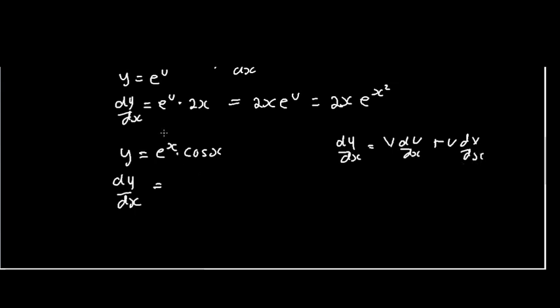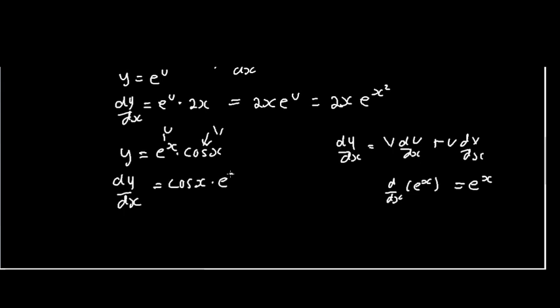Taking this to be my u, and this one here to be my v, we have v, which is cos x, and du/dx: remember my u is e^x, so d/dx of e^x is the same as e^x.